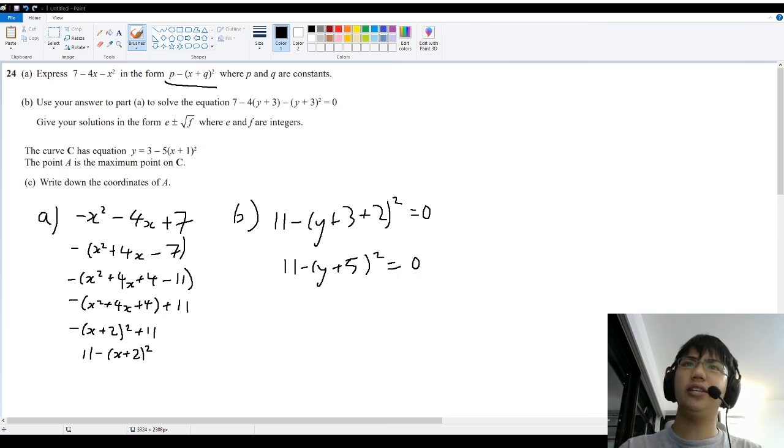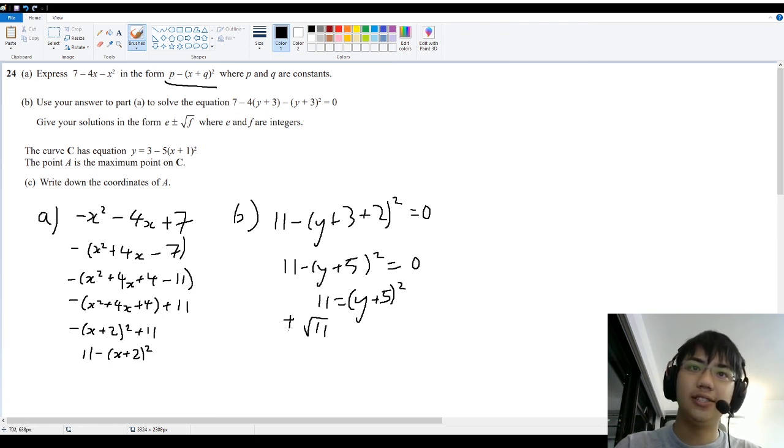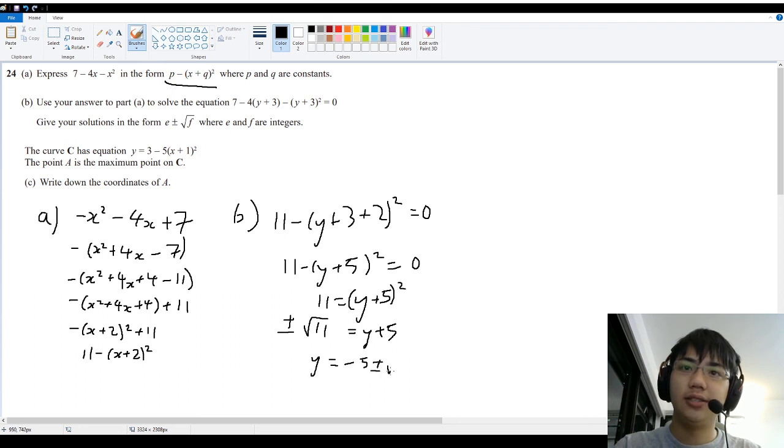So we can add y plus 5 squared to both sides, so 11 equals y plus 5 squared. And we can square root both sides, so you have plus or minus square root 11 equals y plus 5. Then take 5 from both sides, so y equals negative 5 plus or minus root 11, which is the answer to this question.